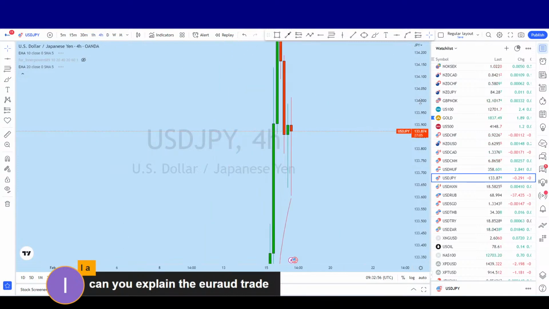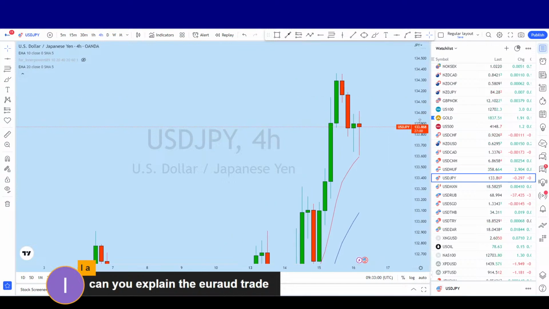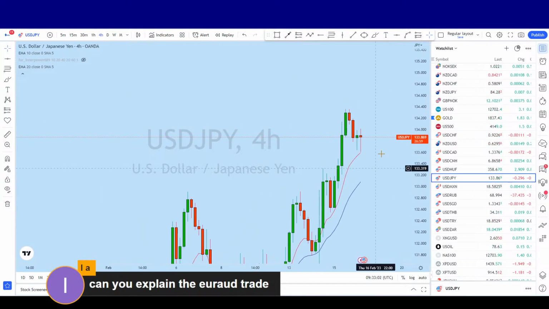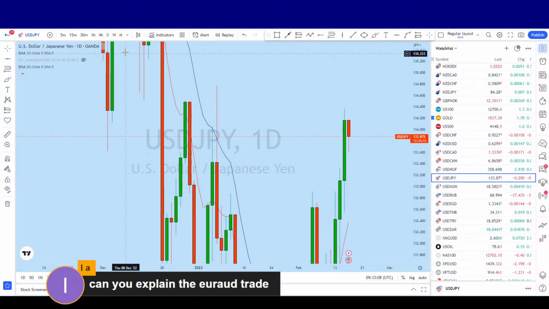Dollar yen, we see the price trying to come down for a retracement, but the bulls are very strong on this market.